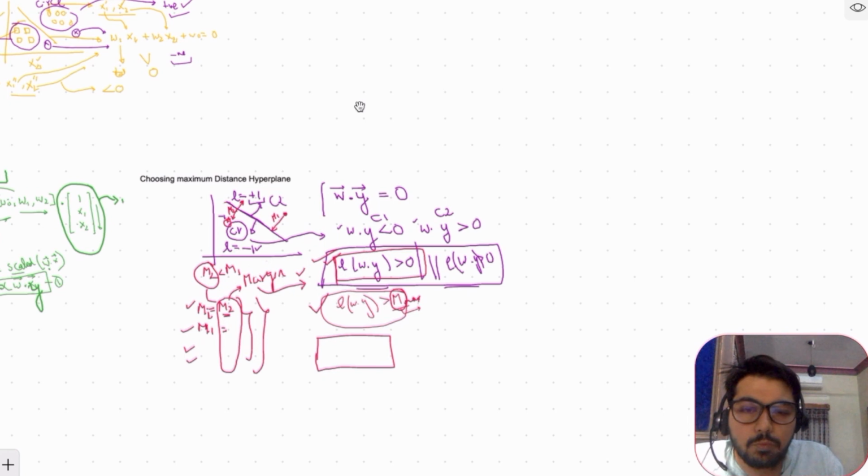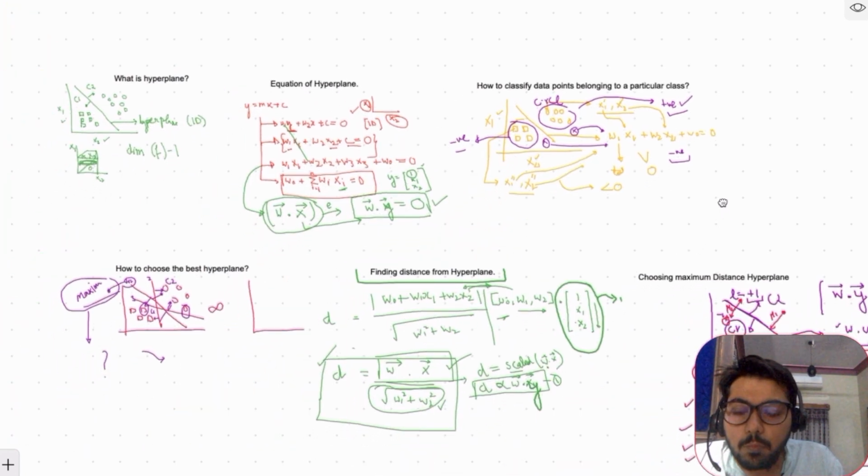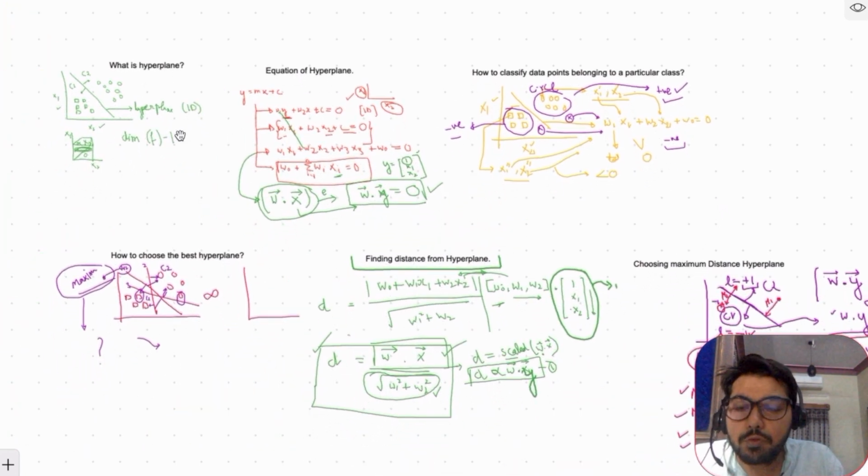Let me summarize this session for you. We first saw what a hyperplane is and what it is used for, how it is used to differentiate between the two classes, and what the equation of a hyperplane is. We found the generalized equation of the hyperplane and looked into how to classify points using it.